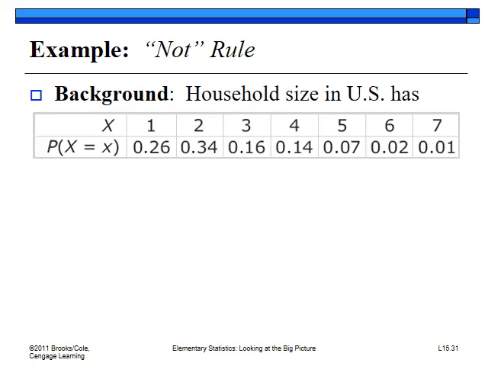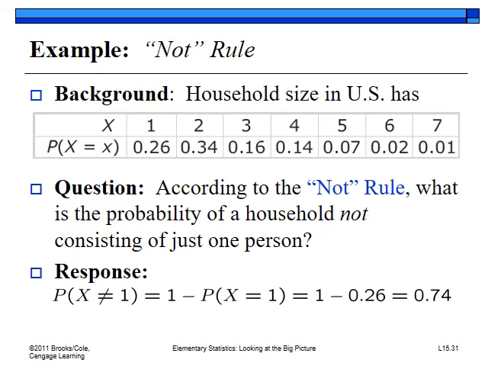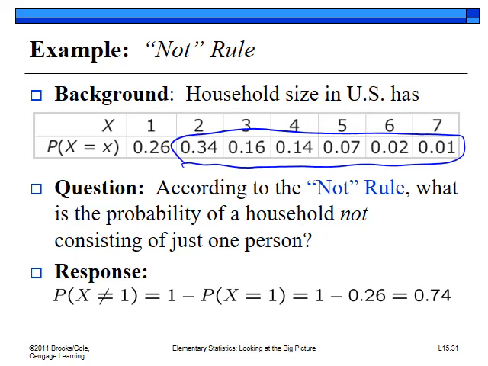The not rule is satisfied because, for example, the probability of a household not consisting of just one person is 1 minus the probability that X equals 1, which is 1 minus 0.26, which is 0.74. And you may notice if you add up each of these numbers, take a moment and do that if you want, you see that you do in fact get 0.74.